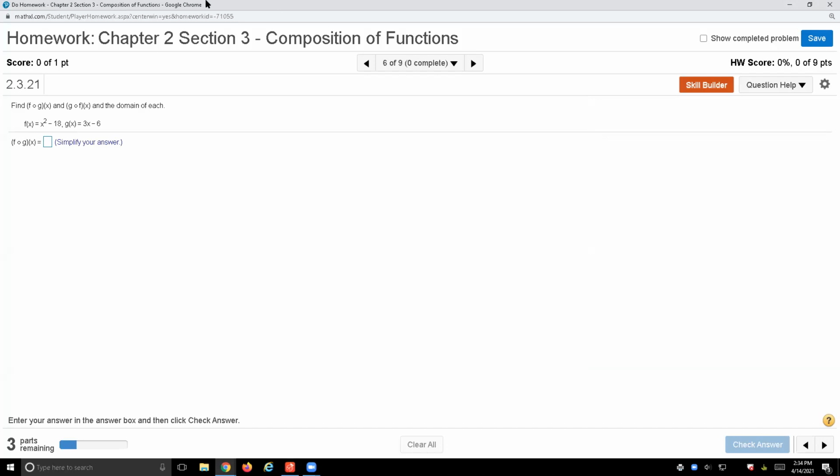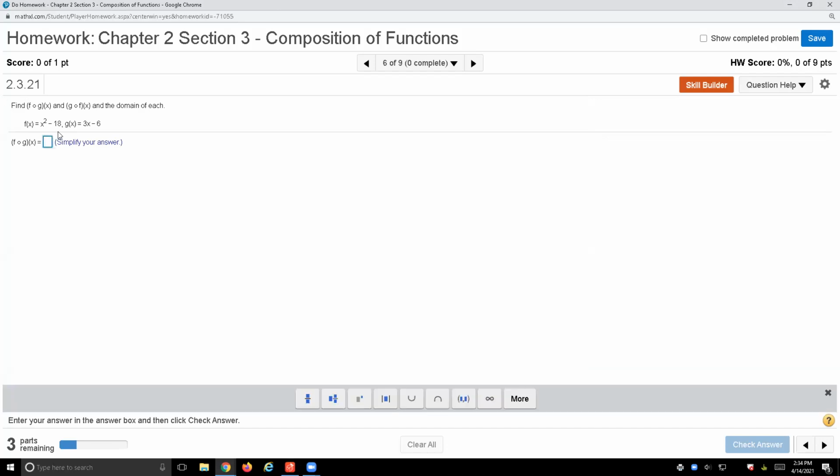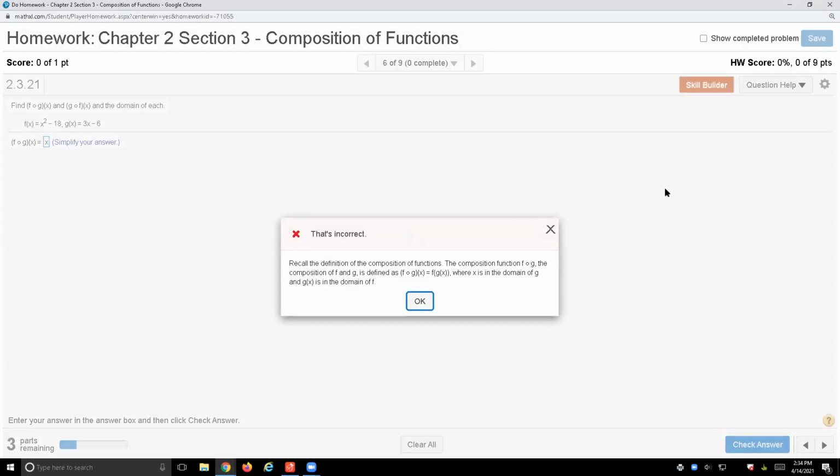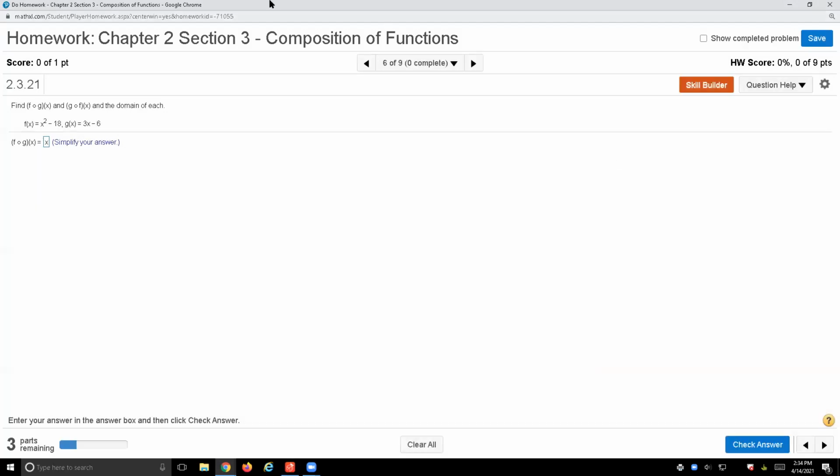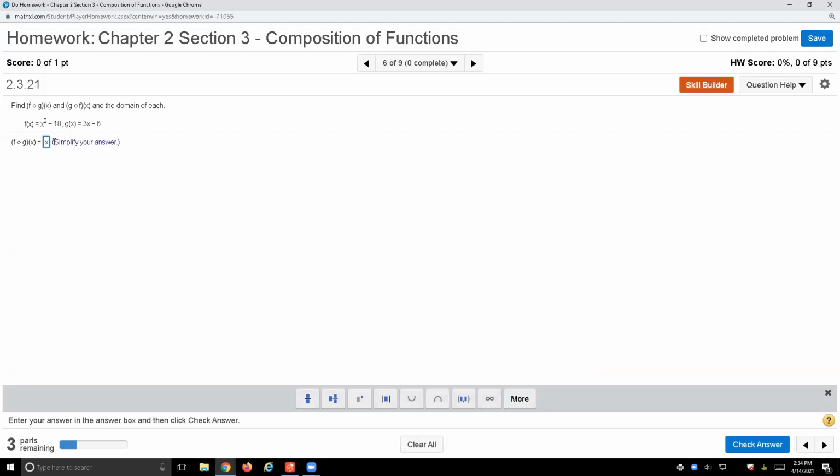But here it's saying, okay, so f of g equals x. Oh, it's asking for the domain. What's the domain? Yeah, so it's negative infinity, comma, infinity.